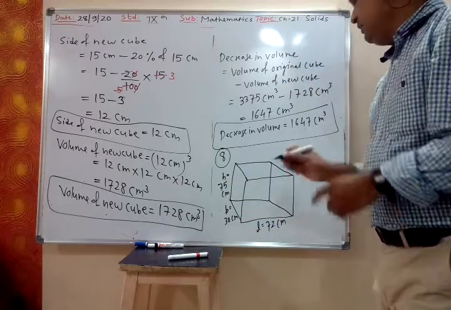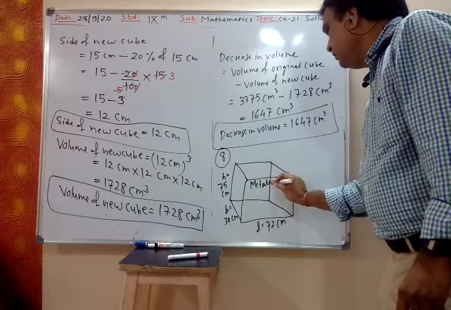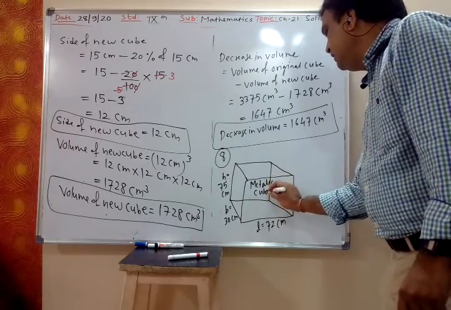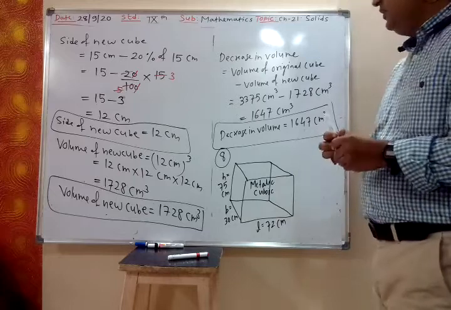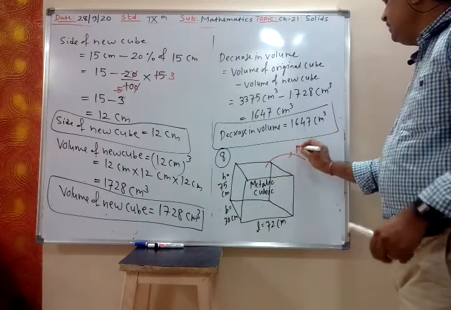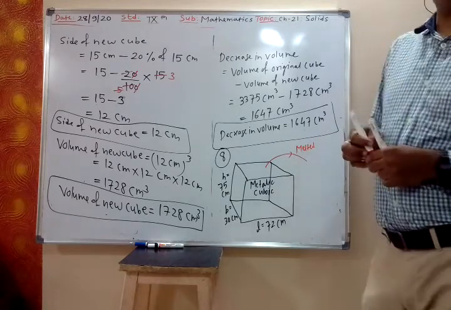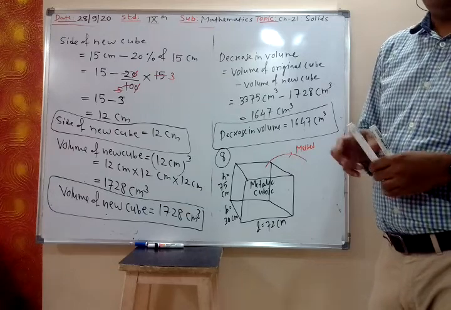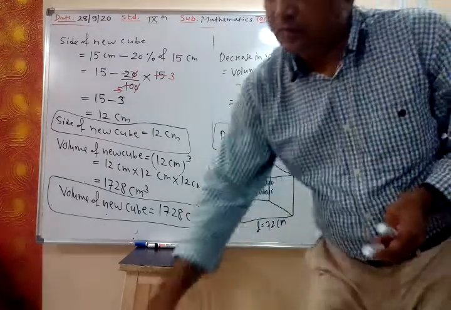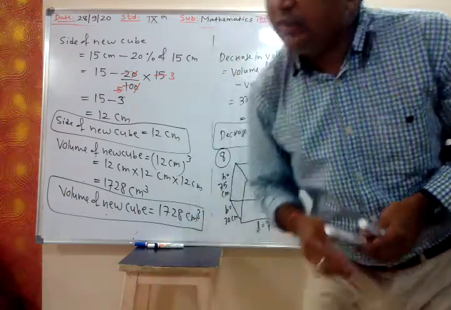Now this is a metallic cuboid. This cuboid is melted, and it is recasted into identical cubes of edge 6 centimeter.